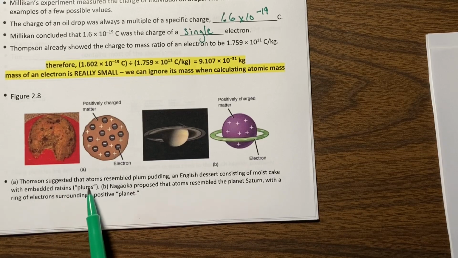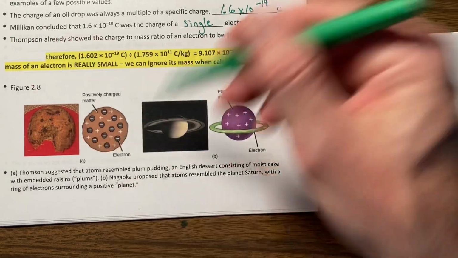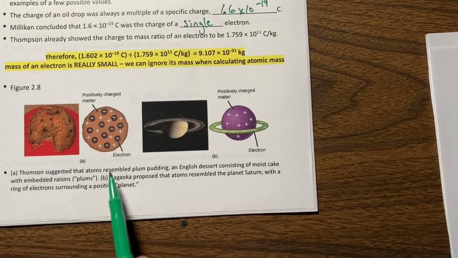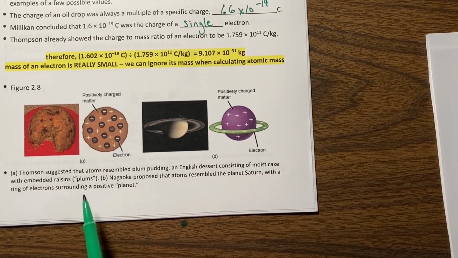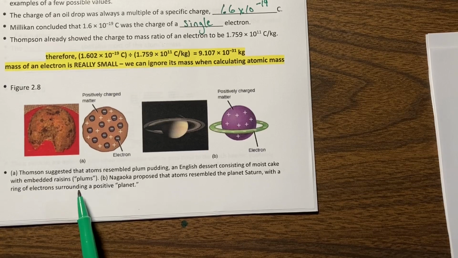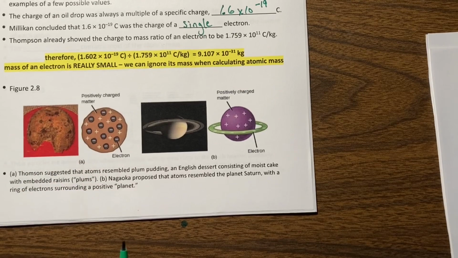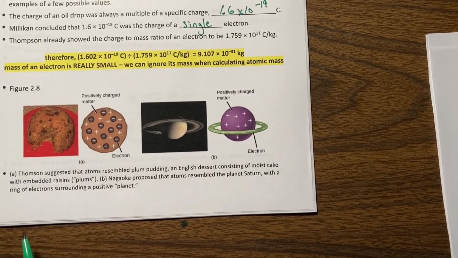Thomson suggested that atoms resembled a plum pudding model. Based on all this data, Thomson came up with this plum pudding model, where he pictured atoms as having positive charges and negative charges kind of equally distributed in 3 dimensions. He was from England, so I guess plum pudding was a popular food there. But we found that to be wrong.